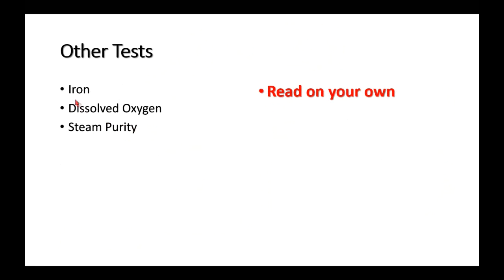I guess not. So then a whole bunch of other tests that you can read over: iron test, dissolved oxygen test, steam purity test. Read it over on your own.